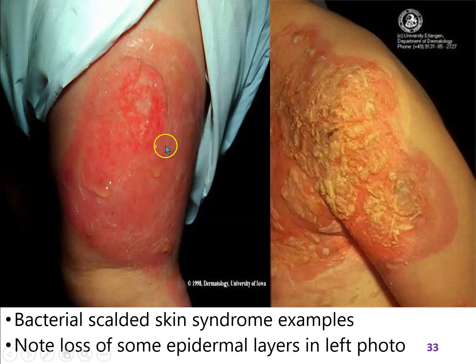And I don't know what layers those are. I can't say for sure which layers the person has lost other than the most superficial layers. But again, that's what the exfoliatin does. This whole region has separation between layers of the epidermis. And so ultimately, the superficial layers are going to come off and have to be replaced from underneath.